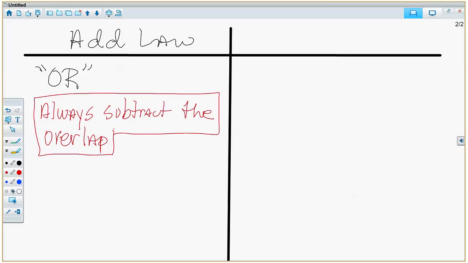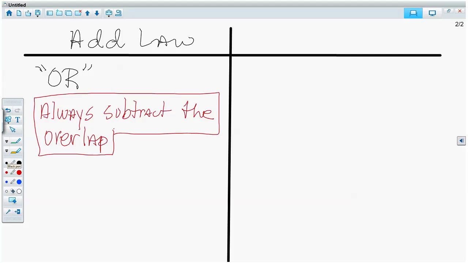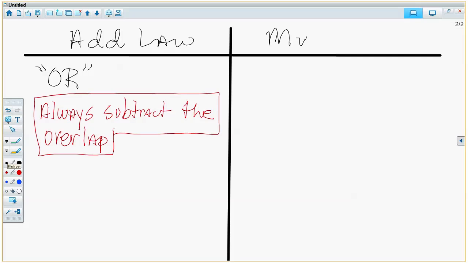Now, with the multiplicative law, we're talking about the word and. What is the probability of a blue and a red marble? And usually this and this or is going to be in the last few words of the question.